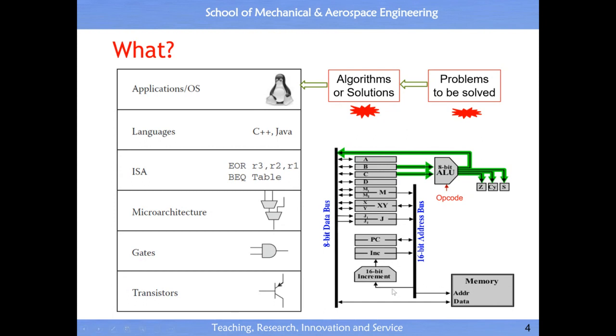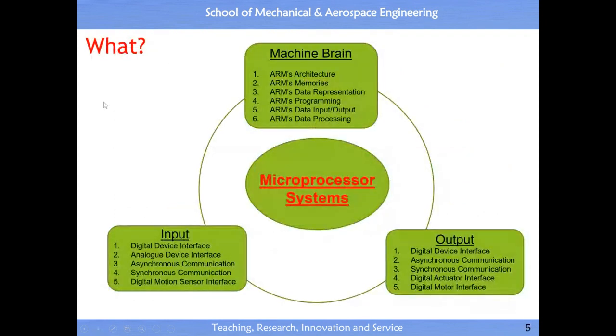This is why we will give you an introduction to the hardware aspect of a microprocessor system, and this will enable you to better use the microprocessor system. Okay, so these are the contents that you are going to study.